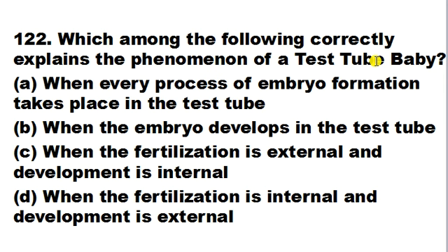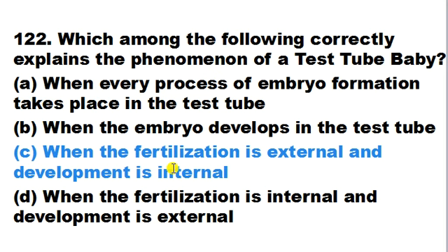So here the correct answer would be C, when the fertilization is external. What is fertilization? As I told you, fertilization is a process in which the fresh egg is retrieved from the body of woman and then it is combined with the sperm and they fuse.